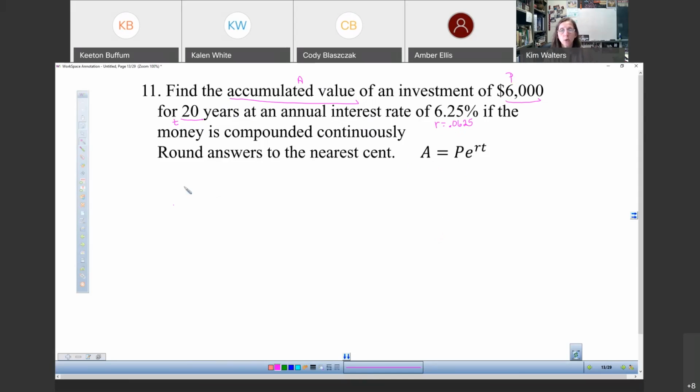Okay? So A equals 6,000 times e to the 0.0625 times 20 years. Okay. Now I can't ever tell what's the best way to do this.